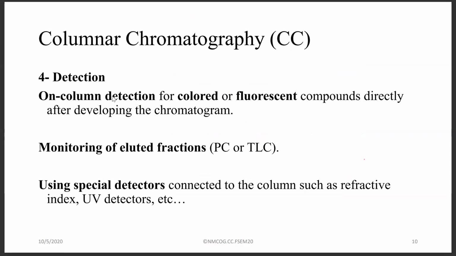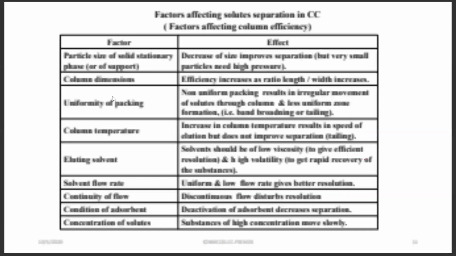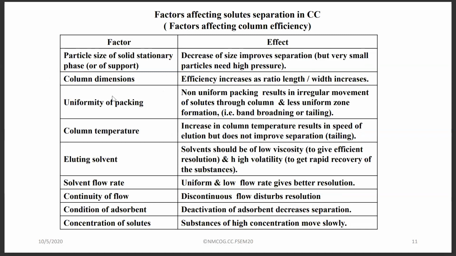In terms of detection, we can use different detectors such as UV. We can also look at the refractive index, but we'll look at these a bit later. The different factors that we should consider, as I said, are particle size and the column dimensions.